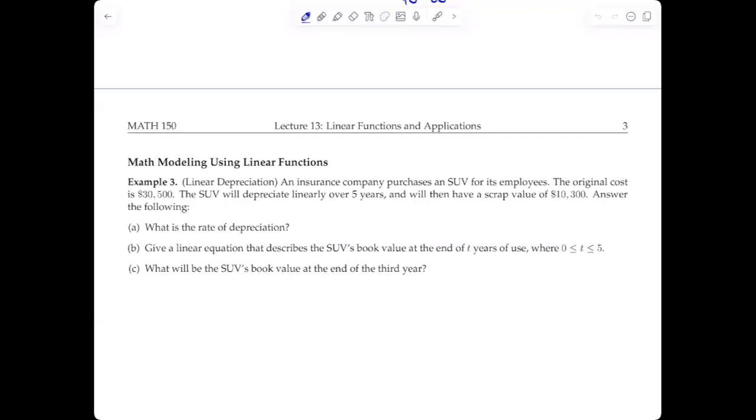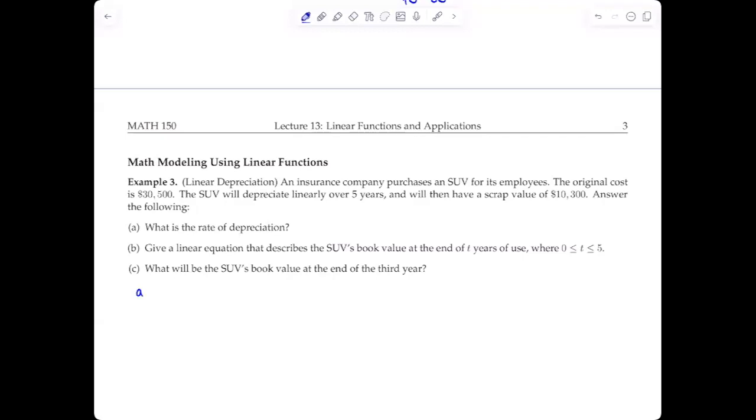Okay, so those are the two data points that you have for this calculation. The first data point is the original time and the original value. The second data point is after 5 years, time t equal to 5, and the value after 5 years. You good?